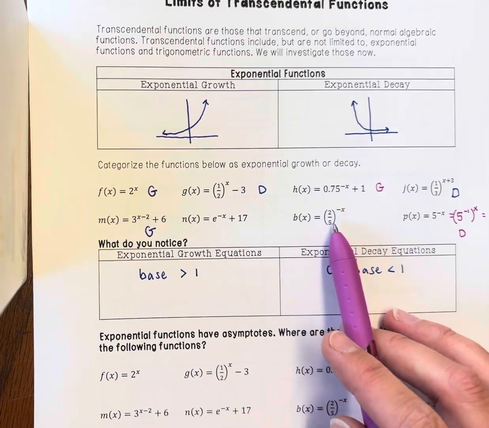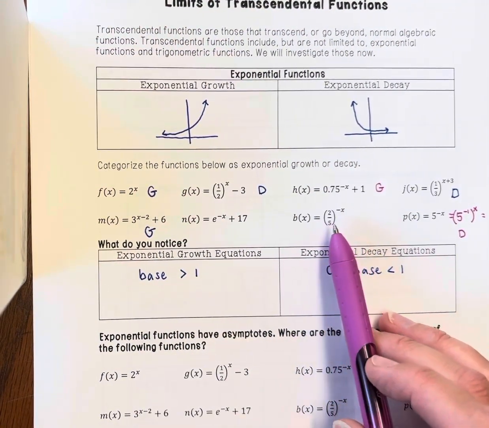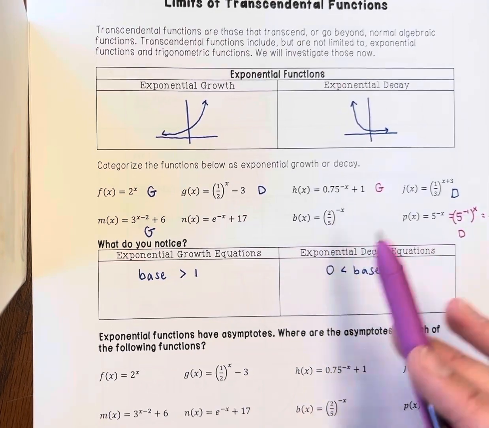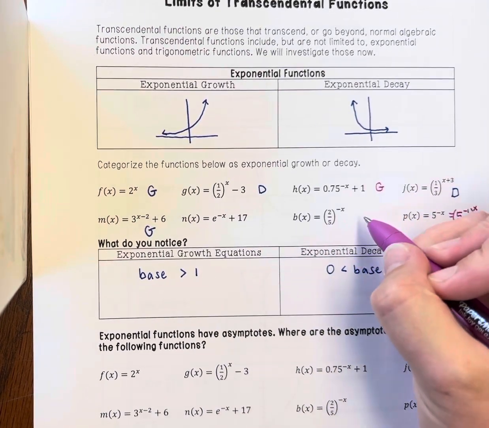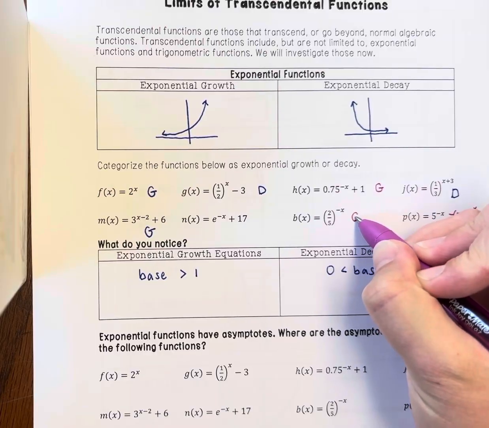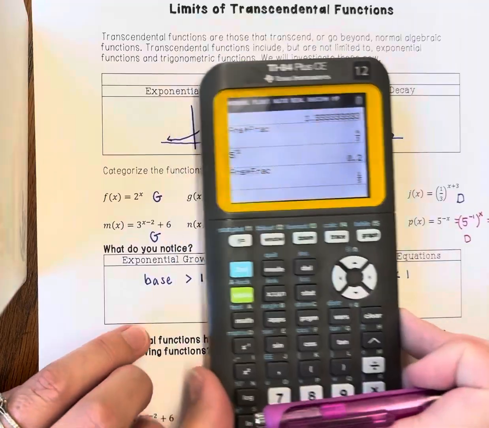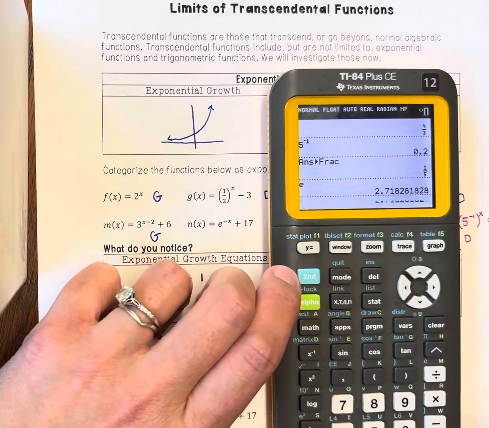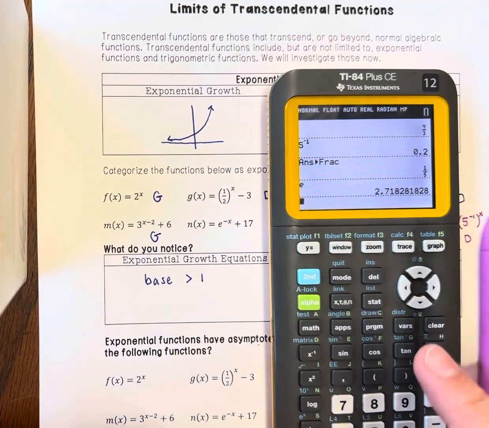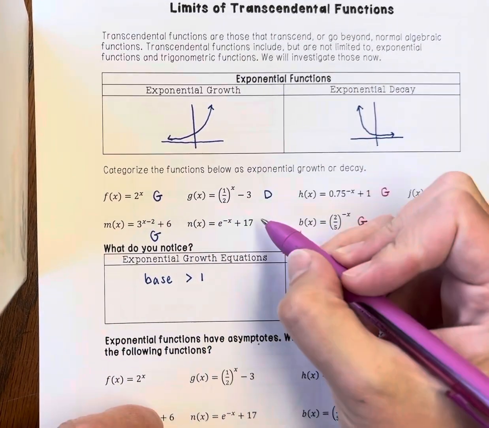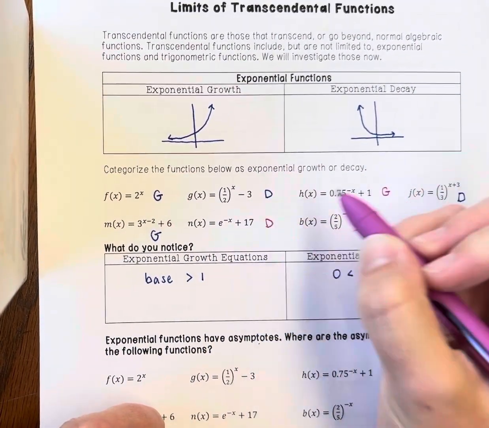So this one, 2/5 to a negative exponent, 2/5 would usually be decay, but because it's getting hit with a negative exponent, it's going to do the reciprocal, and it's going to make it growth. E to the negative x: if you don't remember, e is 2.718, so e would be a growth equation, but again, it's getting hit with a negative exponent. So it's going to be decay.